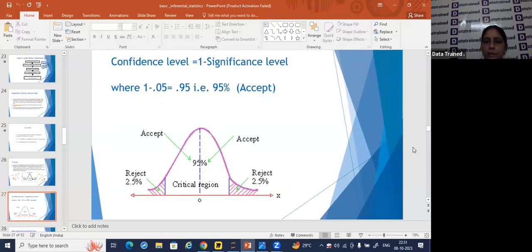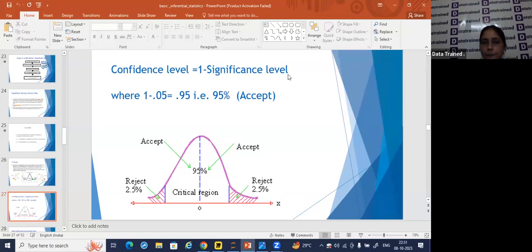Now, 0.05 is basically the significance level. If we say 1 minus 0.05, that becomes 0.95, which is the confidence level. When we say my null hypothesis is accepted, it means the confidence level is 95%.